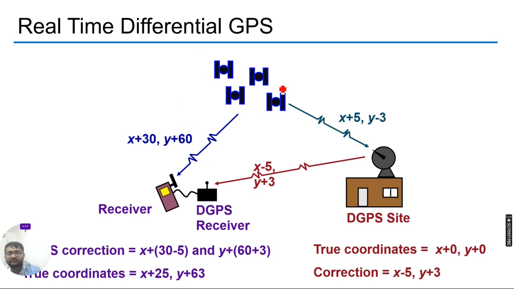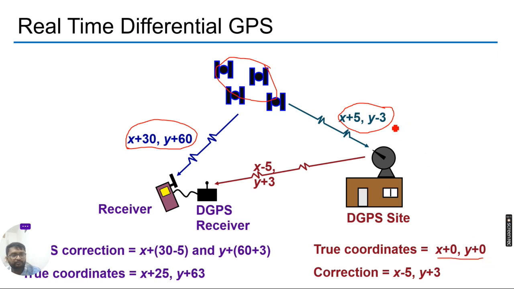Now see one example: here the satellite constellation is there, the space segment, and here at the receiver we are getting the coordinates as x plus 30, y plus 60. But here at the reference site, or we can say the base site or any site which is giving the correction, we found the computed location is x plus 5, y minus 3. But we know the actual location is x, y only.